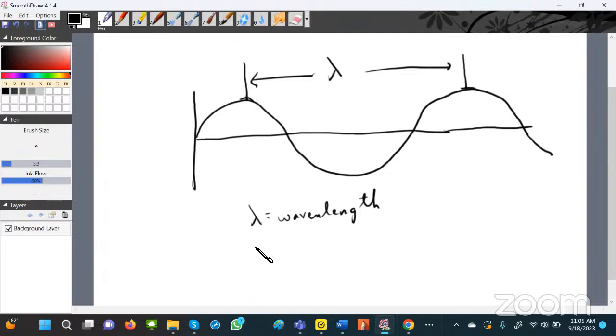Another one you need to be aware of is what is called the frequency. Now, the frequency is represented by the Greek letter nu.